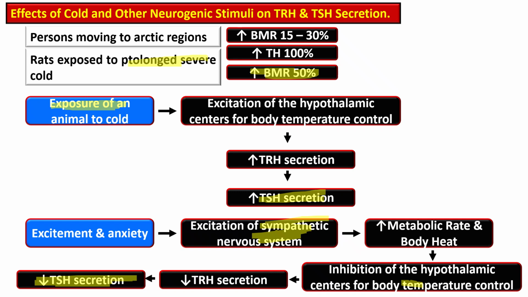And this may occur due to increased metabolic rate and heat generation, feedback inhibition via the hypothalamic heat control center. As for the role of the hypothalamus, both the cold and emotional effects disappear after the hypophyseal stalk is cut, which confirms the regulation of these processes via hypothalamic control.